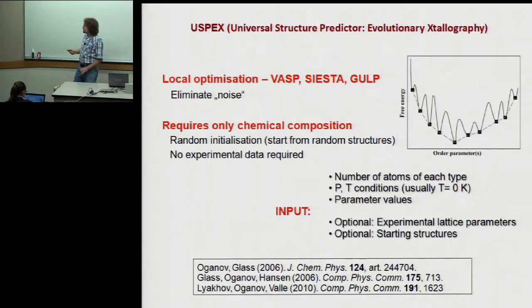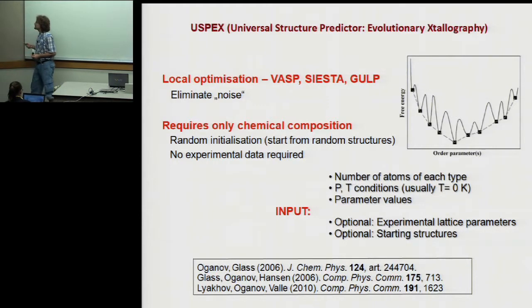Till recently, we were using just a few codes, VASP, SIESTA, and GULP, but now we are starting to expand, and if users want us to, for example, include their code or some code that they are using, it's usually quite easy to do, because USPEX is sort of a higher level program, and it uses the results of these programs and actually relies on them.